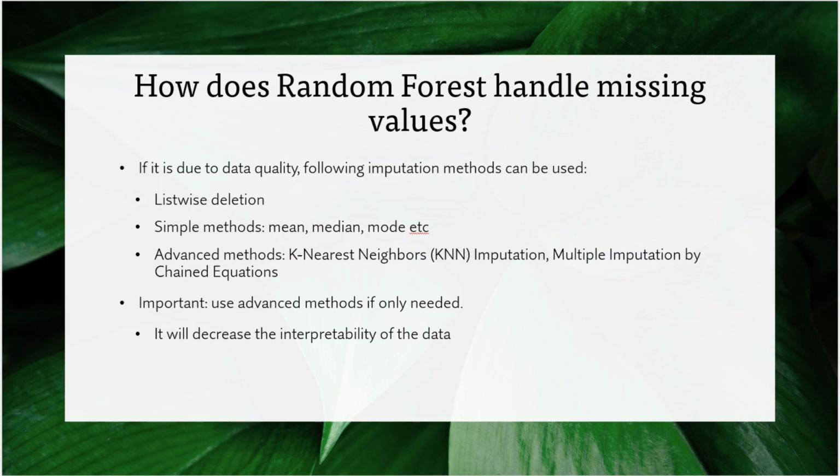If it is due to data quality, the following imputation methods can be used: listwise deletion, simple methods like mean, median, mode, and advanced methods like k-nearest neighbors imputation and multiple imputation by chained equations. Important: use advanced methods only if needed. It will decrease the interpretability of the data.